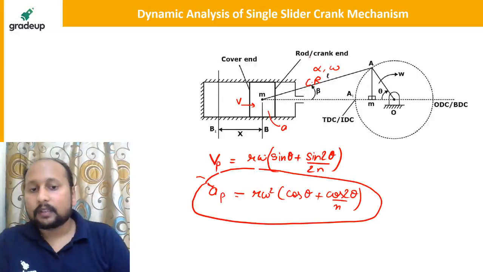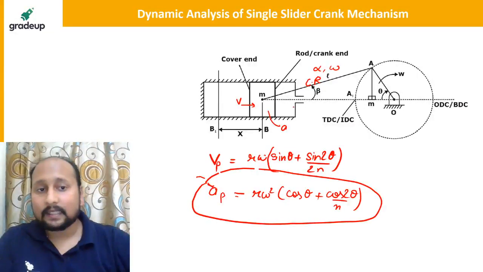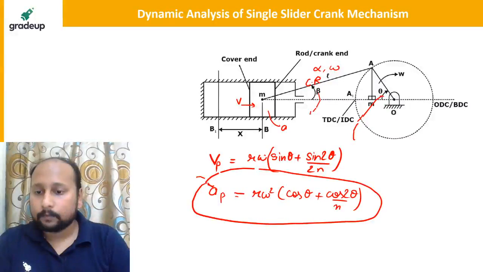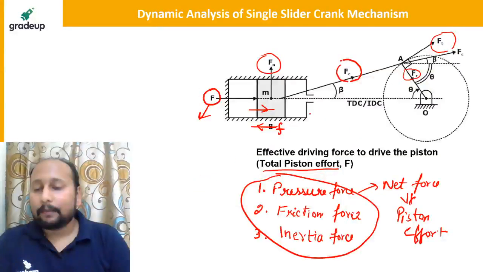What is theta? Theta is the angle between the crank and the line of action. This is theta, and this is beta, the angle between the connecting rod and the line of action. Exactly, Newton's second law of motion. Very good. Okay, fine, so we'll be using the same expression.